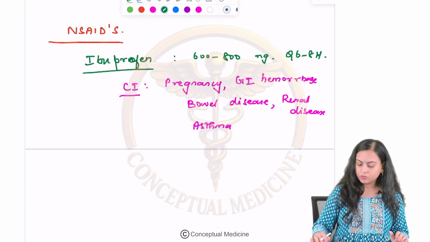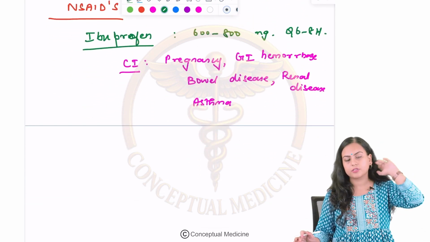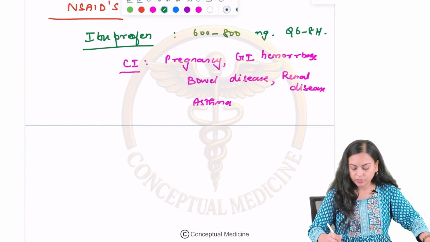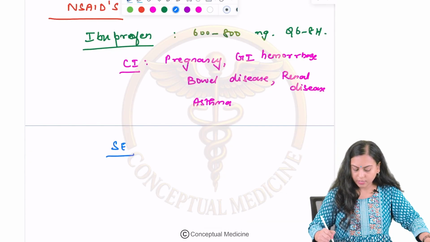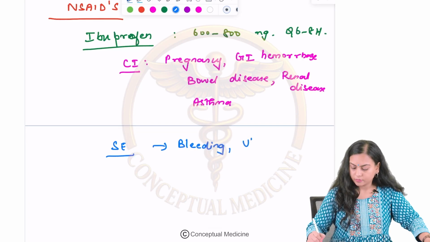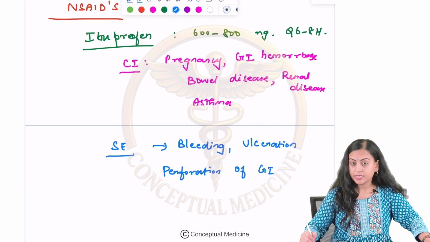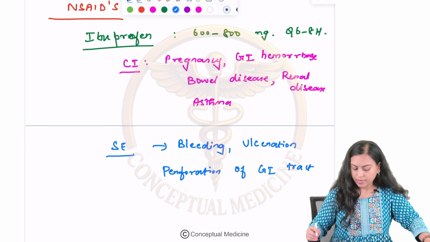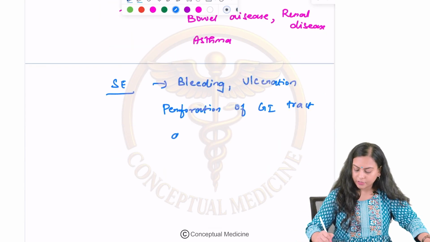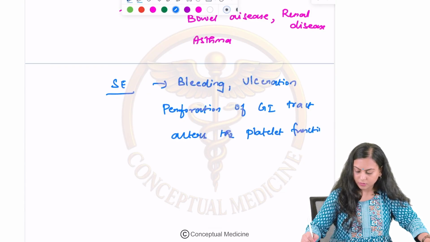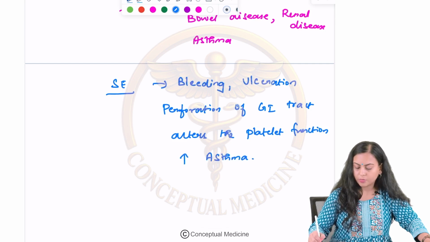Okay, so why are we avoiding it in gastrointestinal disorders or any hemorrhagic disorders? Because the side effects of the drug include bleeding, ulceration, perforation of gastrointestinal tract, and it alters the platelet function and this can increase asthma.